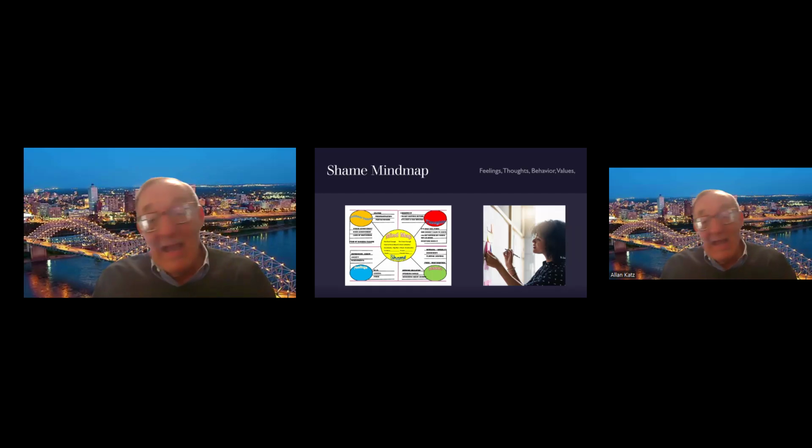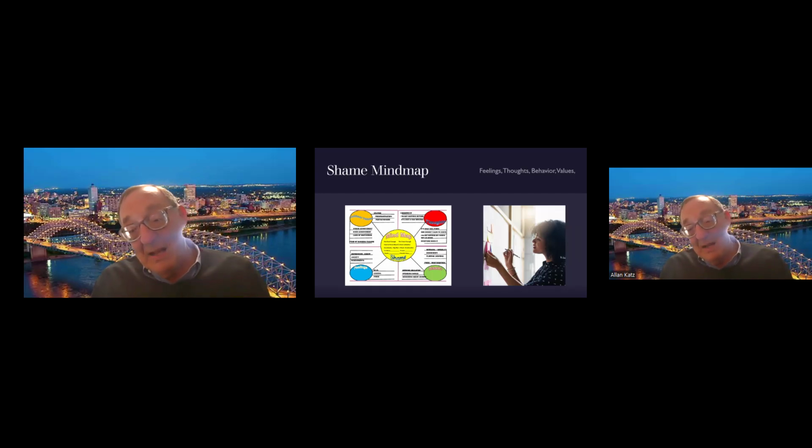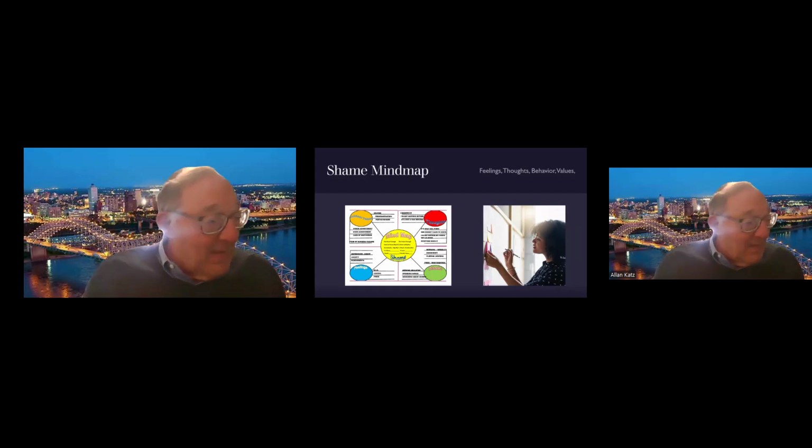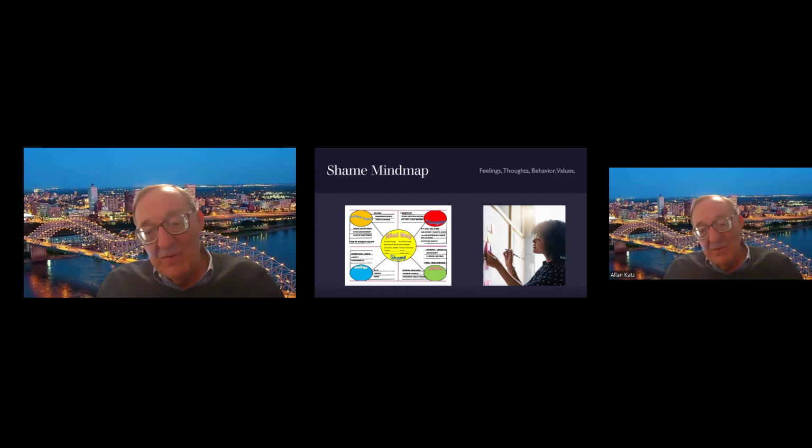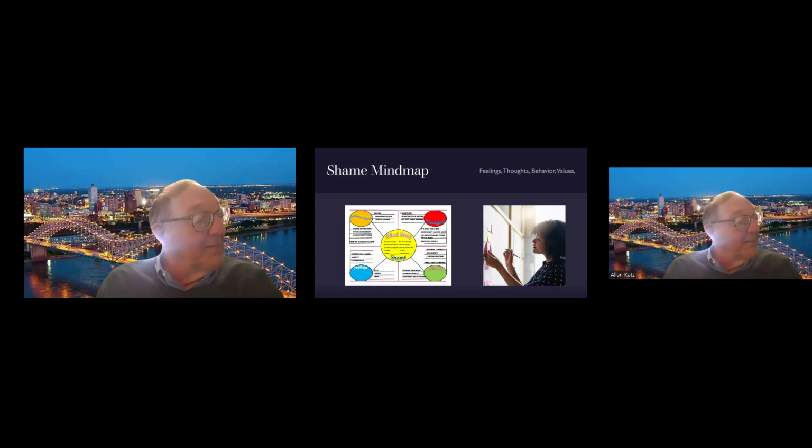What are the behaviors that I do when I'm angry? I might scream, or I might destroy things, or I might just get quiet. Everybody's going to be a little bit different. But that's what we're talking about: feelings, thoughts, behaviors, and values. It's like the CBT triangle, basically.